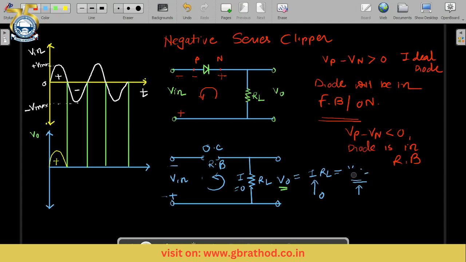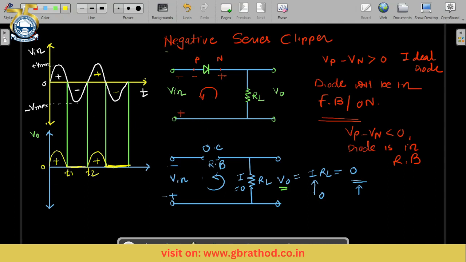So if I see the output waveform for this negative half cycle, I will get output equal to 0. If I repeat the waveform, it will be like this: in the positive half cycle V output equals V input, and in the negative half cycle it will be 0. So this is how we get the output waveform for a sinusoidal input.